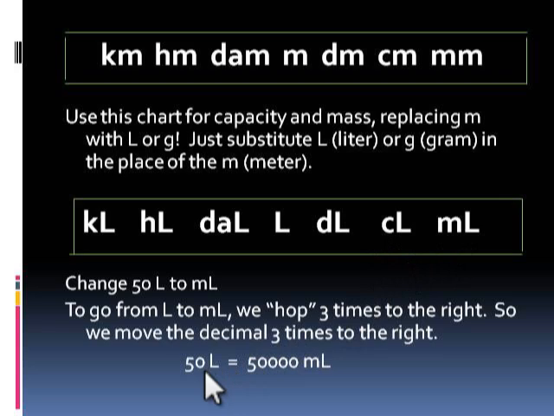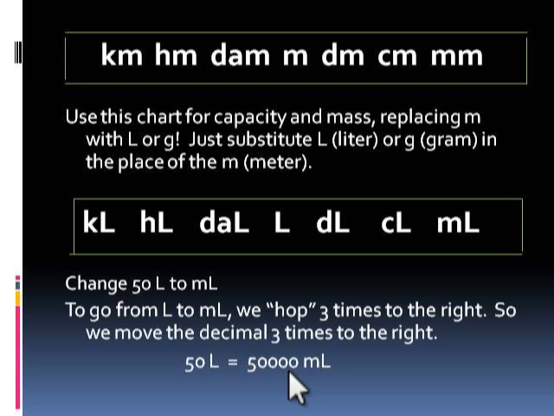Once again, I don't see a decimal place, so it's sitting behind the 50. And we will have to hop it 3 times to the right, which means it's going to be 50,000. 50 liters is equivalent to 50,000 milliliters.